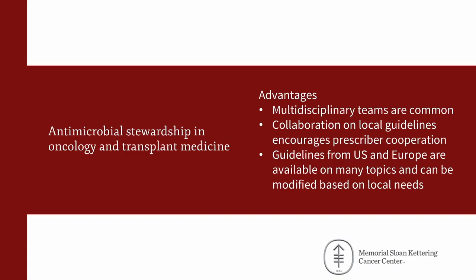Implementing these guidelines and providing feedback to the prescribers is also essential. For example, routine antibiotic prophylaxis was not practiced before 2006 at a tertiary cancer center in New York City, but the prevention of pre-engraftment viridans streptococcal sepsis in allogeneic hematopoietic cell transplant patients was a high priority due to an incidence of 7.4% and an attributable mortality of 21%.